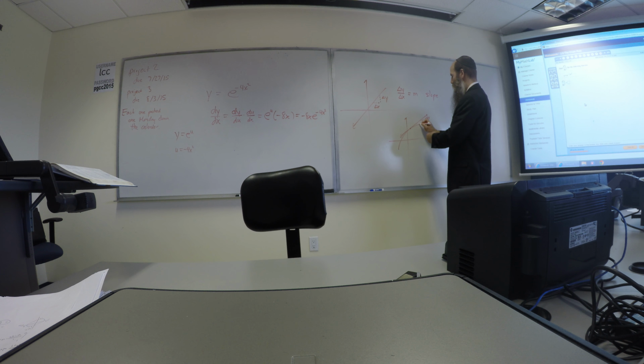I can pick a point anywhere, and then it gets closer, and eventually it's super close to being the tangent line slope, right?